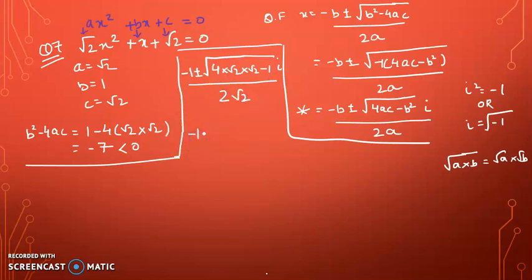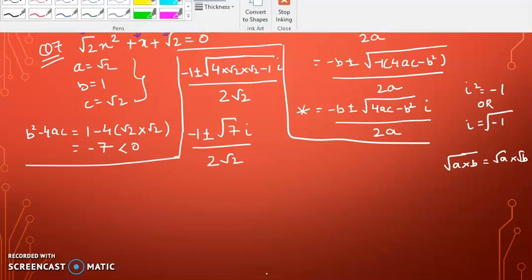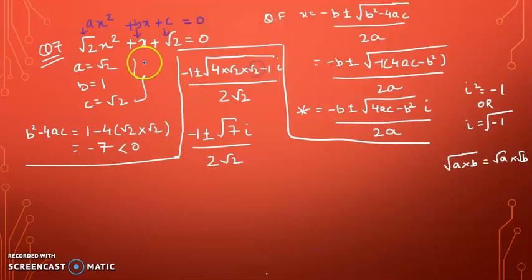Minus 1 plus minus root 2 into root 2, 2 2s are 4, 4 4s are 8, 8 minus 1, 7. So root 7 I upon 2 root 2. So this is the answer, students. You have to simply substitute the values of a, b, c in this formula, right?